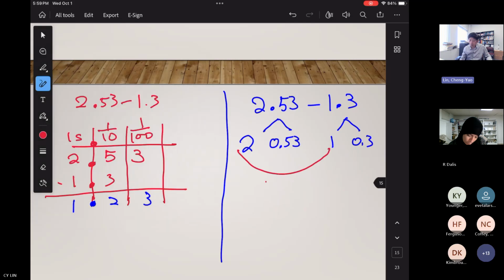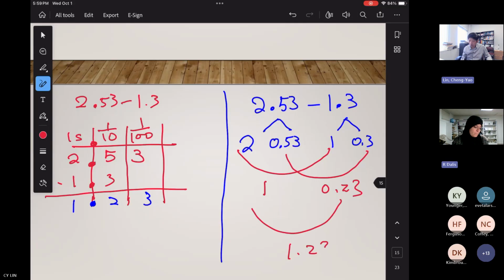Subtract this, we got 1. Subtract this, we got 0.23. So now once we've done all the subtraction, what is in total? It is 1.23. Does that make sense to you? Yes. So we still can use this method for the quick learner.